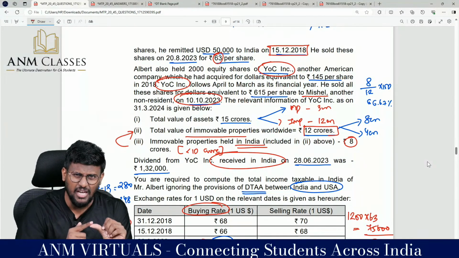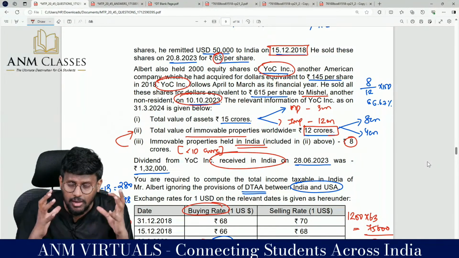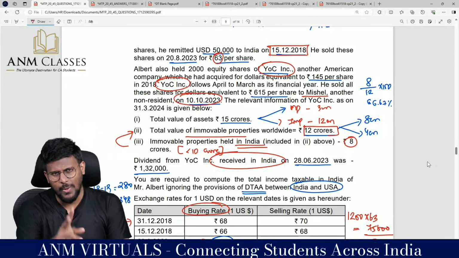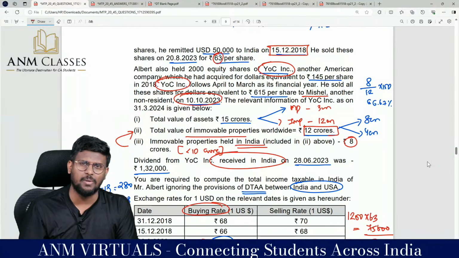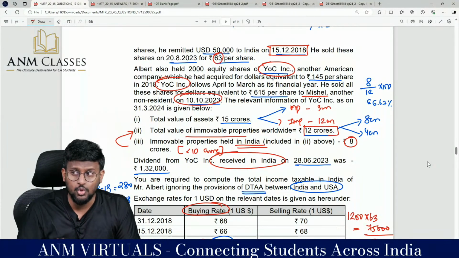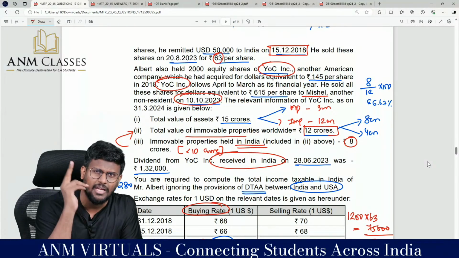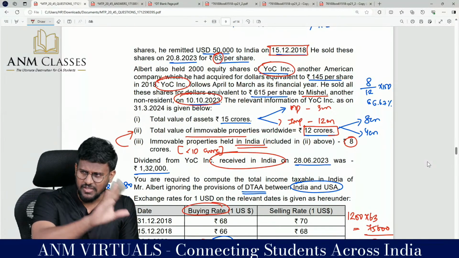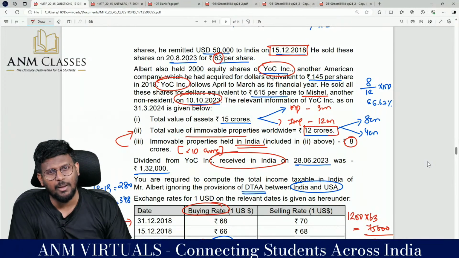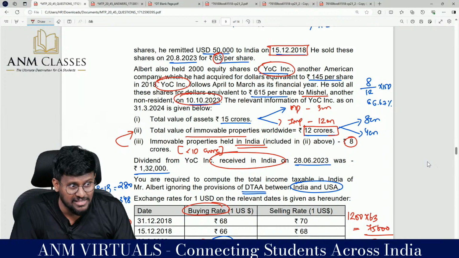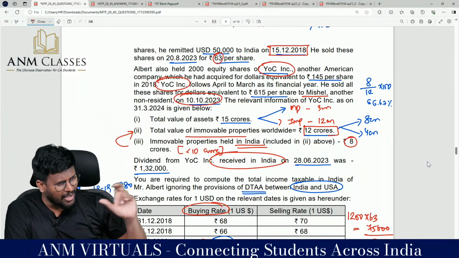Then equalization levy and others they are asking in MCQ part 6 marks, 30 marks is the non-resident part. 20 marks they will be asking from assessment of various entity, very important chapter. So 30 plus 20, 50 marks. Various entity is PGBP, capital gain, IFOS. 14 marks from PGBP first question, and now they started asking again an 8 mark question from the partnership. So nearly 22 marks they are covering there.